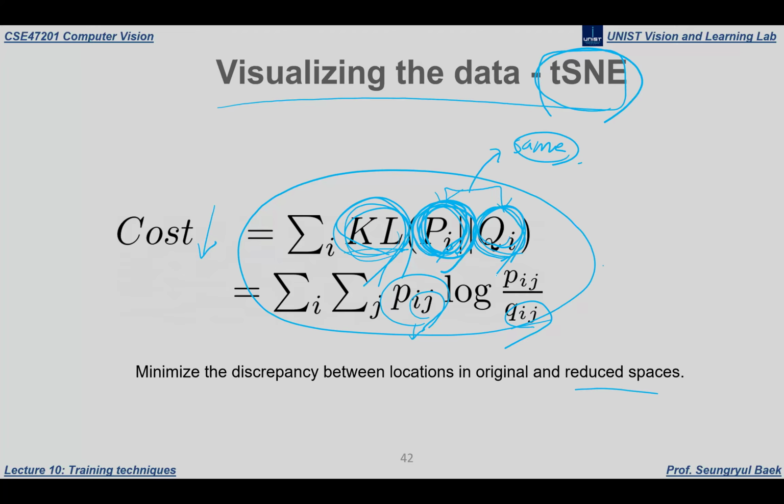Are you guys understanding this? So it minimizes the discrepancy between the pairwise similarity, their relative locations in the original and reduced space. That's what happens in t-SNE.